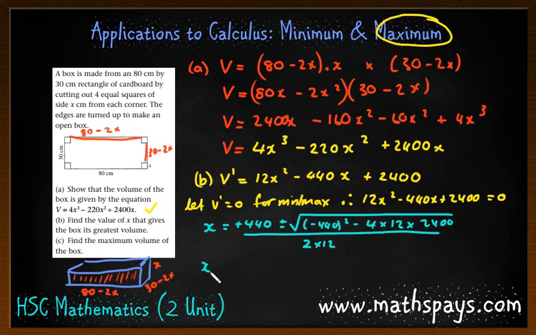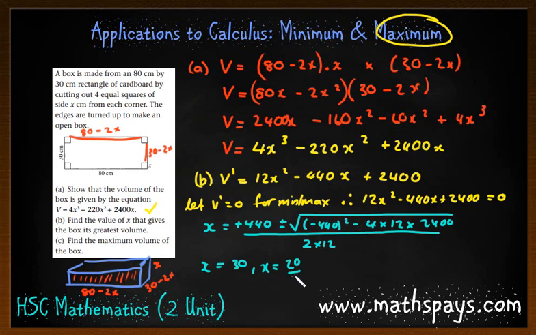Now I'm trying to save room here, but generally you're going to whack that all into the calculator. So make sure we do the plus 1 first and then the minus 1. We get x equals 30, and we get x equals 20 on 3.